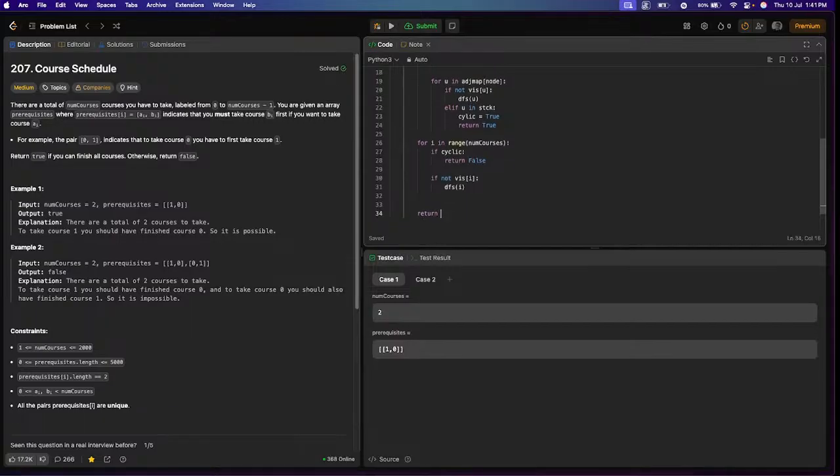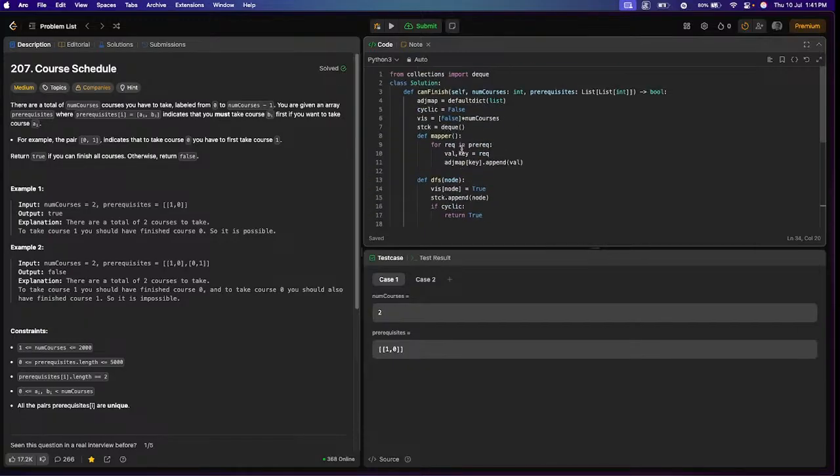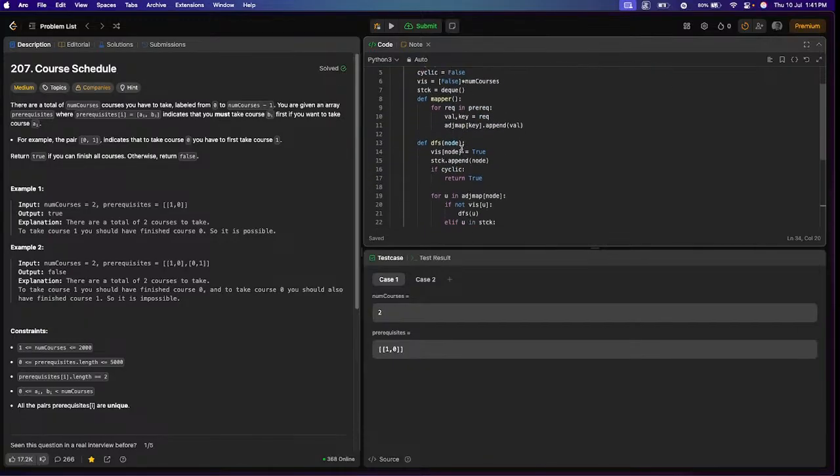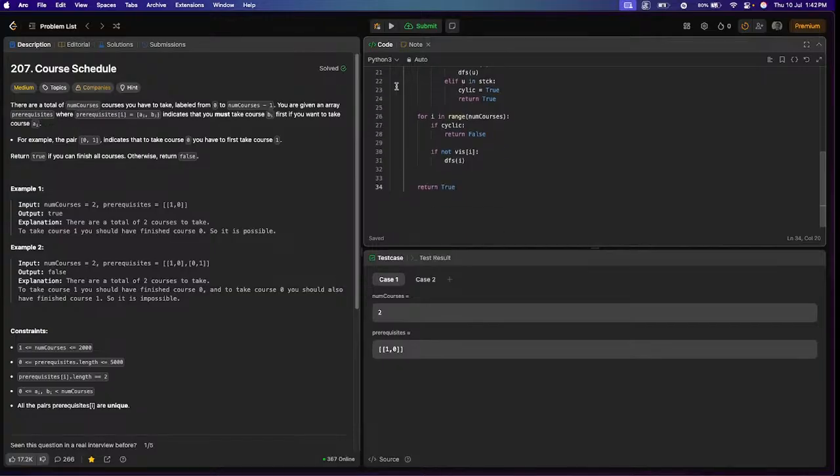Else you can just return true in the end. If cyclic is true, then you have to return false, otherwise return true. I think this should work out well because we don't have to pop. Do we have to pop out? I don't think so, but that kind of makes no sense again.